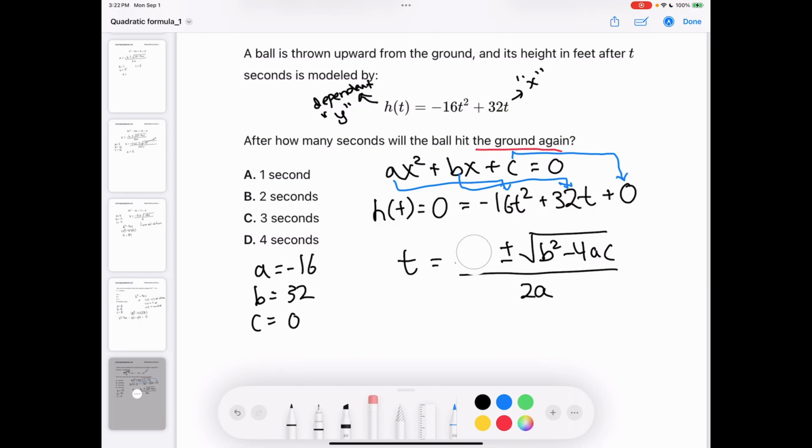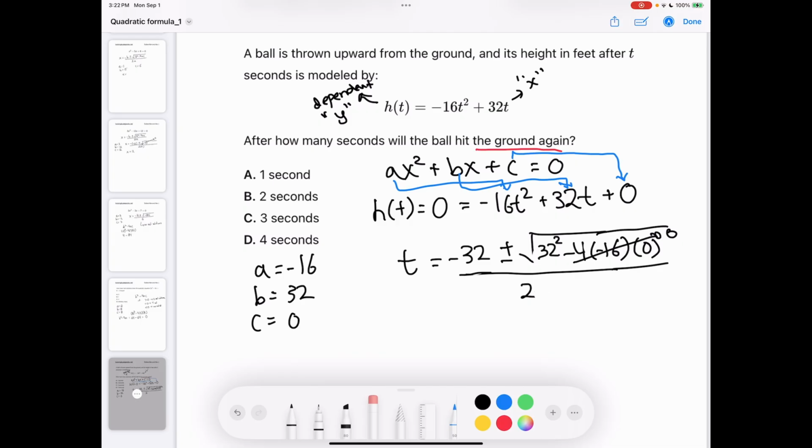So we have negative 32 plus or minus square root of b squared. So that means I have 32 squared minus 4 times a times c. So our a is negative 16 and our c is 0, so this whole second term just evaluates to 0.